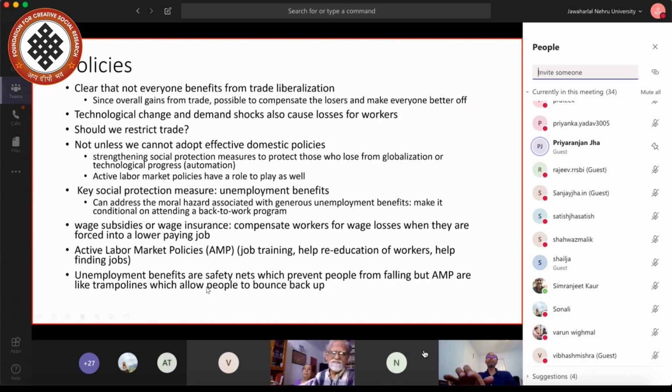So things like unemployment benefits are safety nets which prevent people from falling to the ground, say, and getting hurt. That's the idea of safety nets. But these active labor market policies are like trampolines, which allow people to bounce back up. Both are useful in terms of compensating workers and helping them get back on their feet.